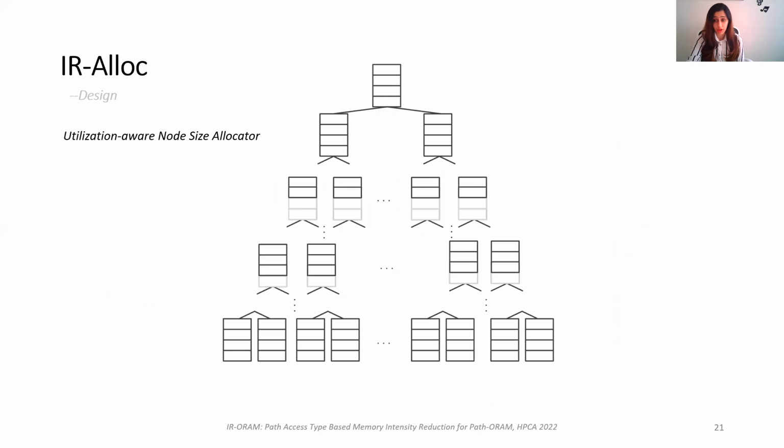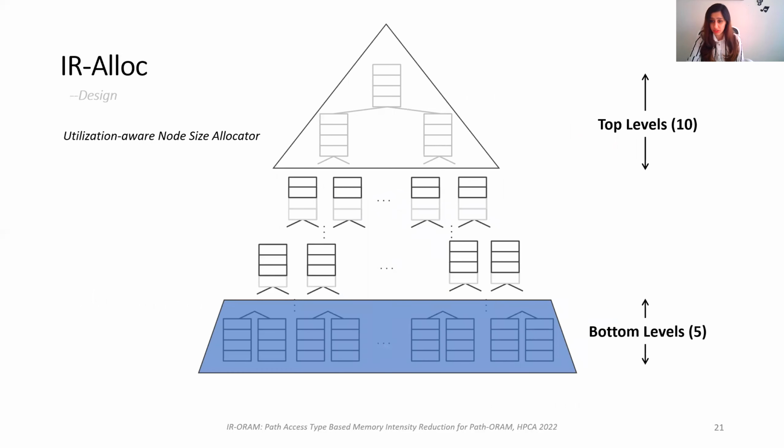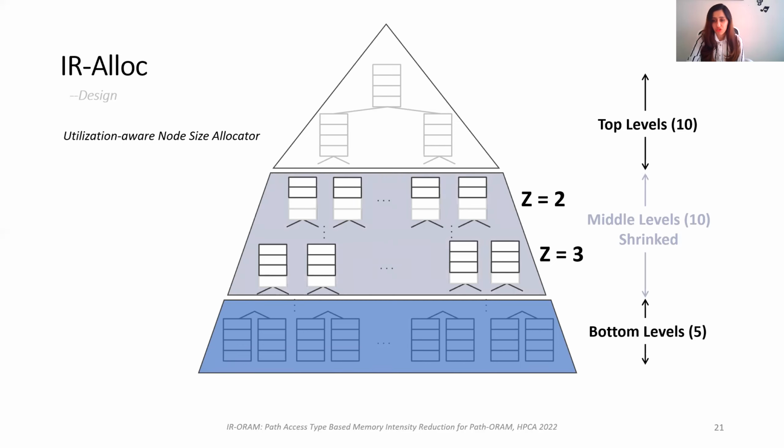and came up with IR-Alloc, a utilization-aware node size allocator. It keeps the top and bottom levels intact, but reduces the Z parameter for middle levels to 2 and 3. By shrinking the middle levels, path length is reduced significantly with a negligible impact on the capacity.